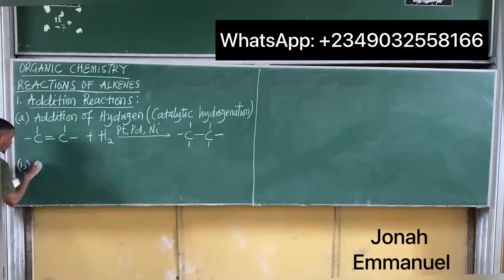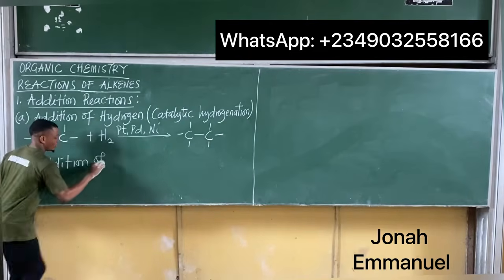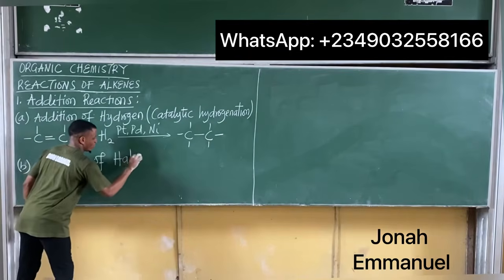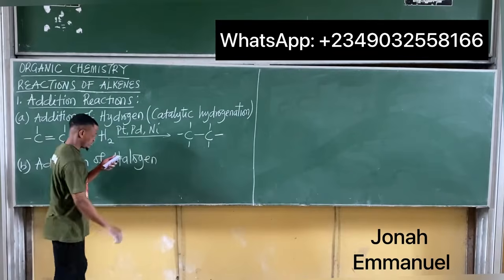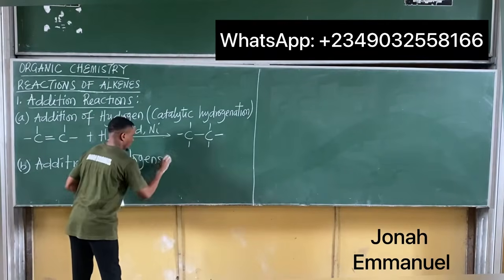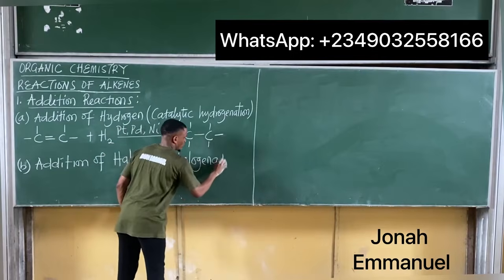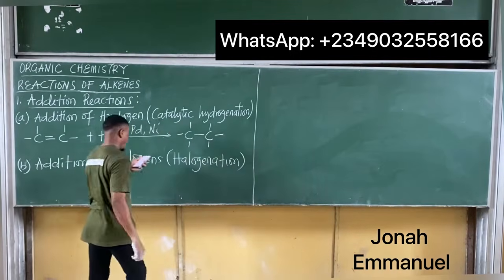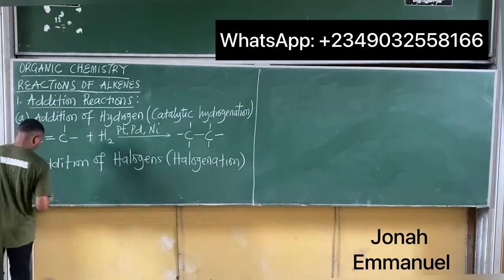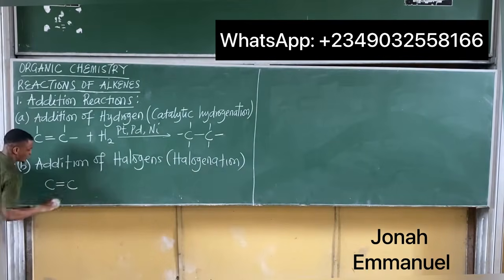Moving on to number two, addition of halogen. It's called halogenation. So here's your equation of reaction.